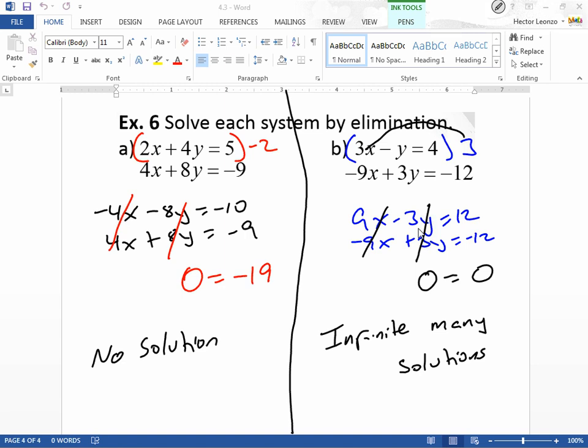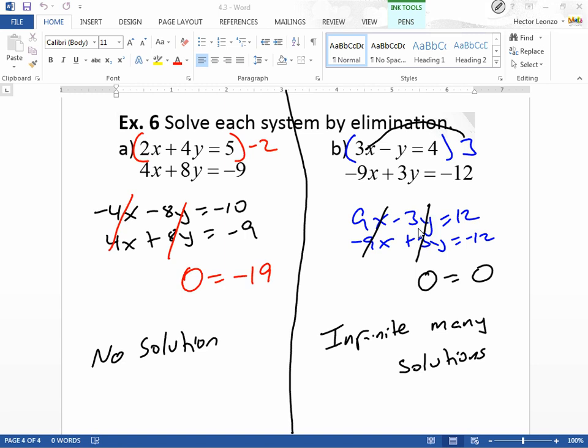If you solve it by elimination instead of substitution, you will get the exact same answer. Right? These three sections, 4.1, 4.2, 4.3, just gave you different ways on how to solve the two equations.